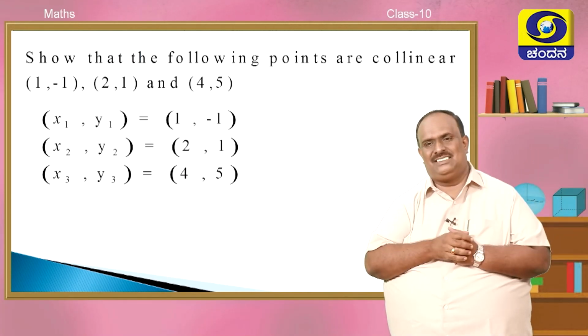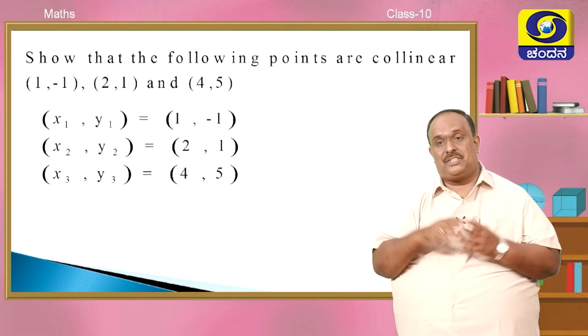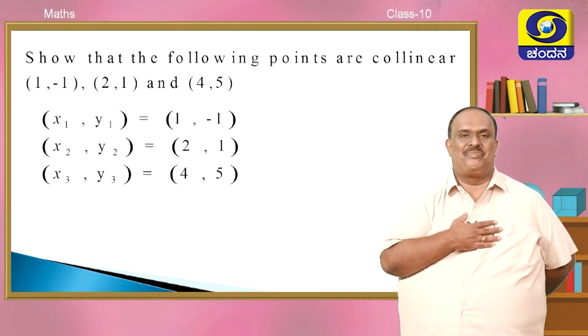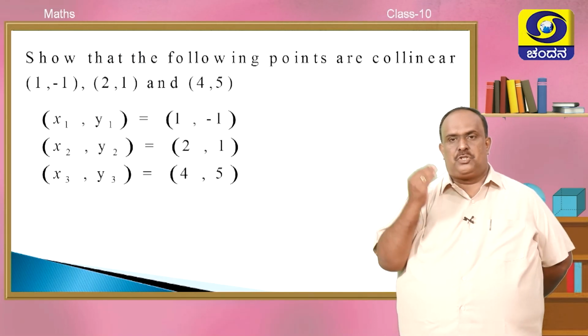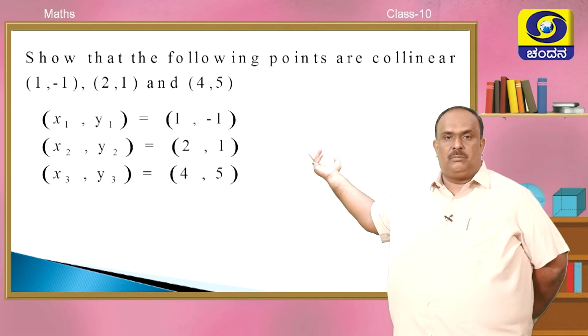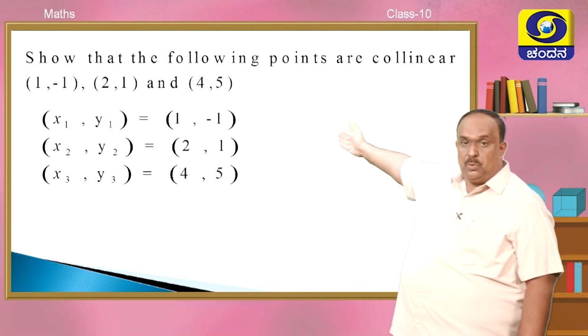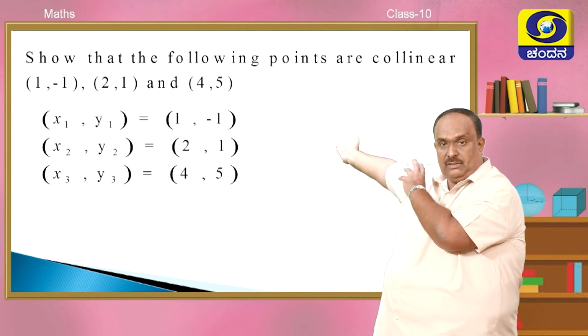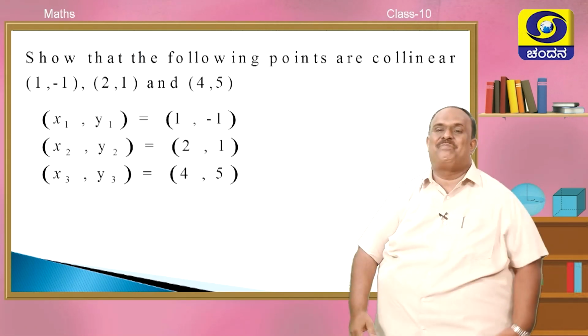Collinear. The condition I told you just 5 minutes before. Now the problem. Show that the points (1, -1), (2, 1), (4, 5) are collinear.